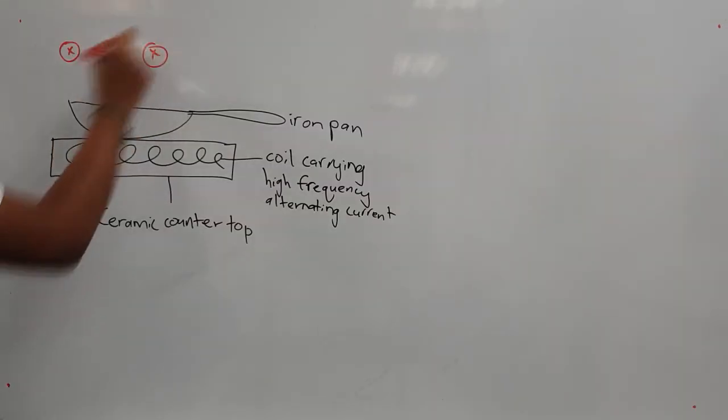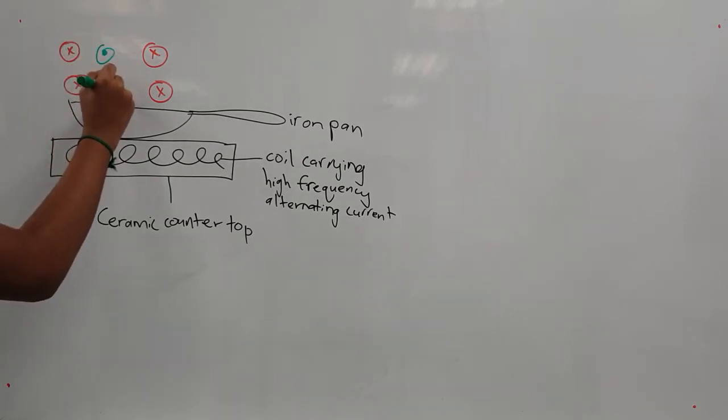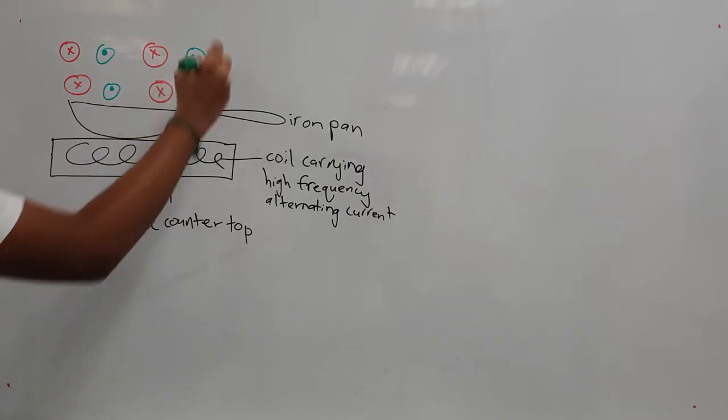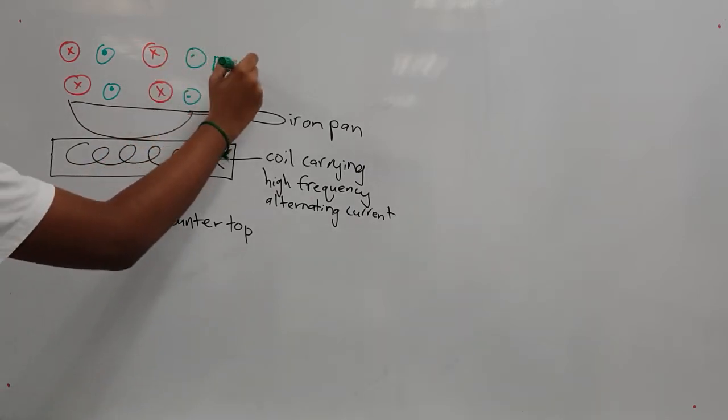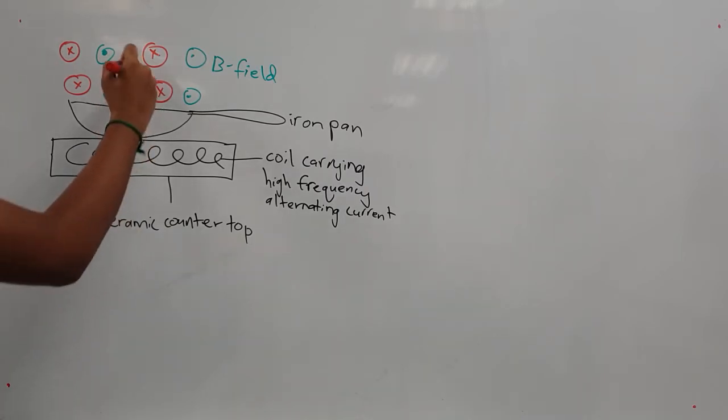As we can see here, there is a high frequency alternating current flowing in the coil that is located beneath the surface of the ceramic countertop, and above the ceramic countertop a ferromagnetic iron pan is placed. And due to the changing direction of current, a varying magnetic field is induced that goes through the ferromagnetic iron pan.